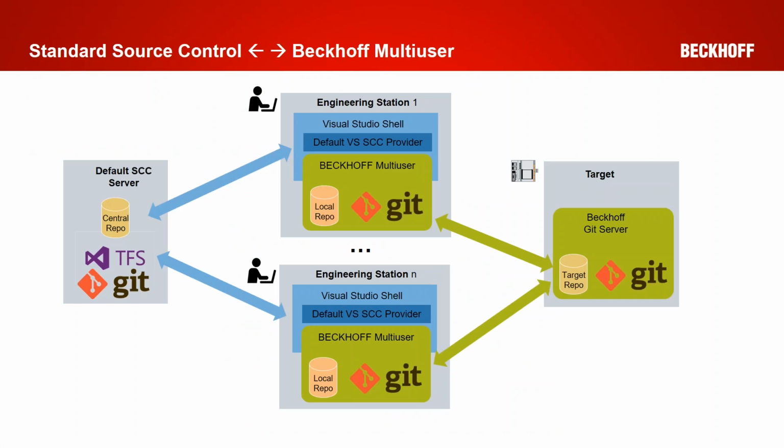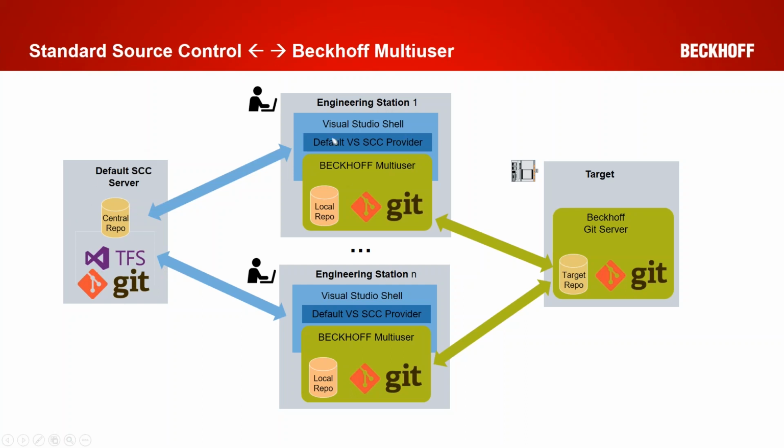So this is some kind of overall, global picture of standard source control in comparison with Beckhoff multi-user functionality, and how it works together, right? You can see here on the left-hand side the default source control server from your company. This is your central repository which you are using during the engineering of the machine.